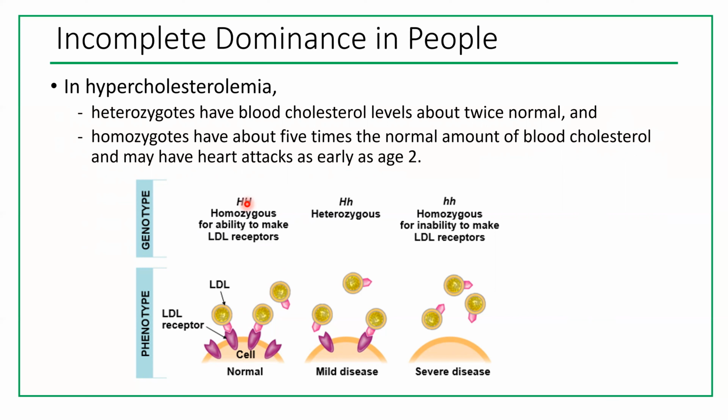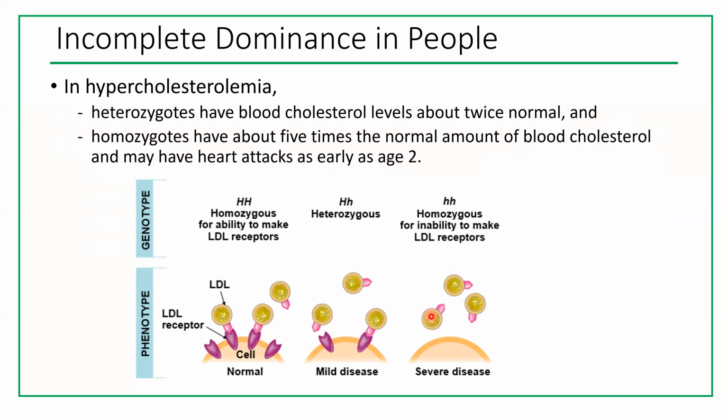Now, if somebody has one gene with a mutation, heterozygous, this person has fewer receptors, so it will cause mild disease. And if it's little h, homozygous recessive, that means both genes have a mutation, this person doesn't have any receptors. So cholesterol level is really high, so it's a severe disease.